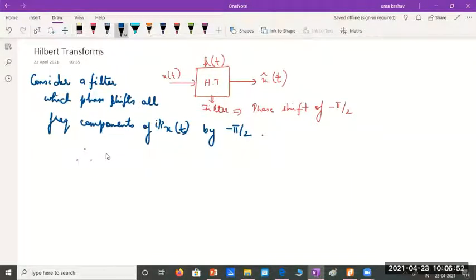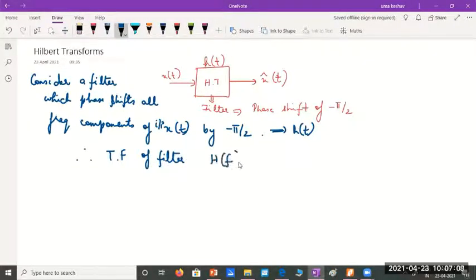So the transfer function of the filter, if h of t is the actual filter, so the filter is denoted as h of t. The transfer function of filter would be, how do I represent the transfer function?